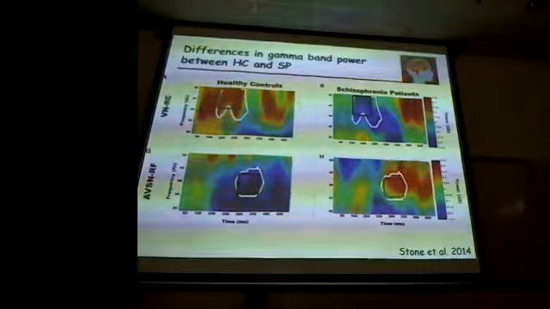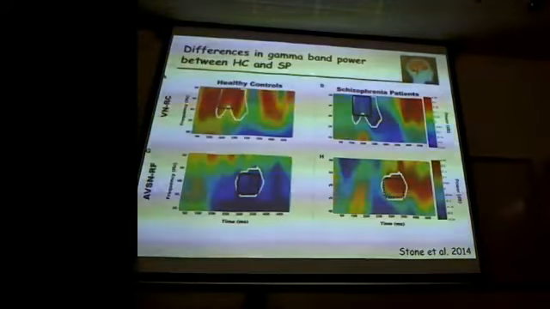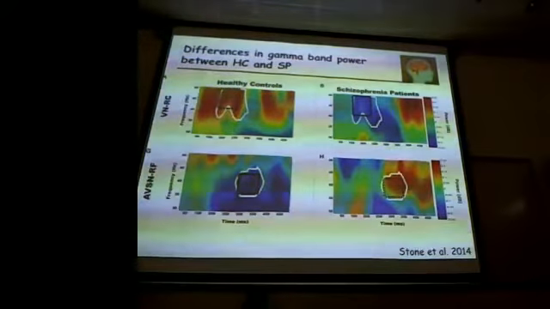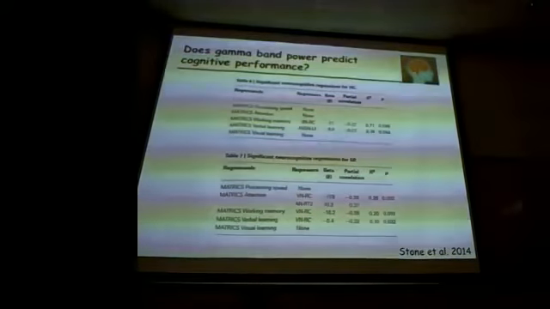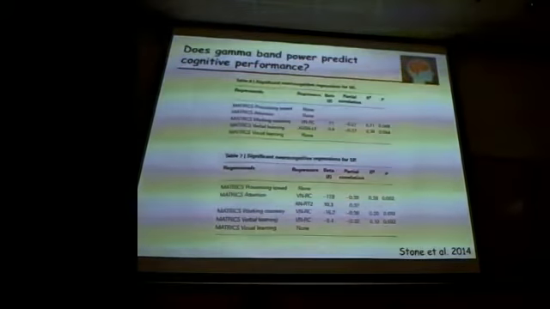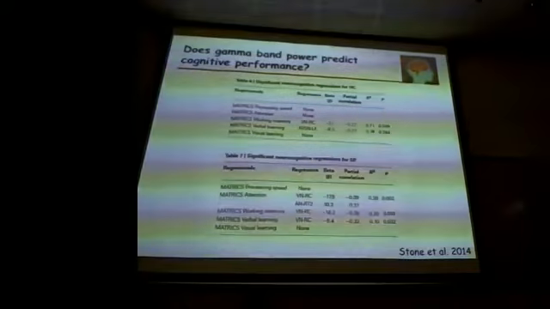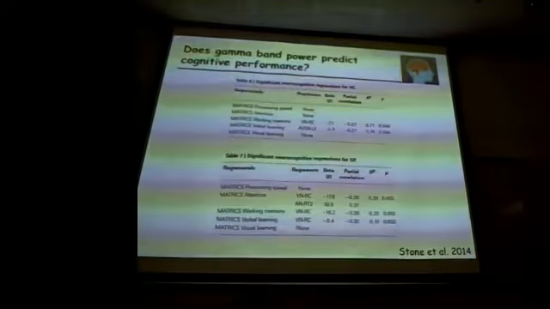So we found significant differences in gamma power between healthy controls and patients with schizophrenia in a few different conditions. And in addition, these were related to, again, some behavioral measures that we obtained with this particular study.